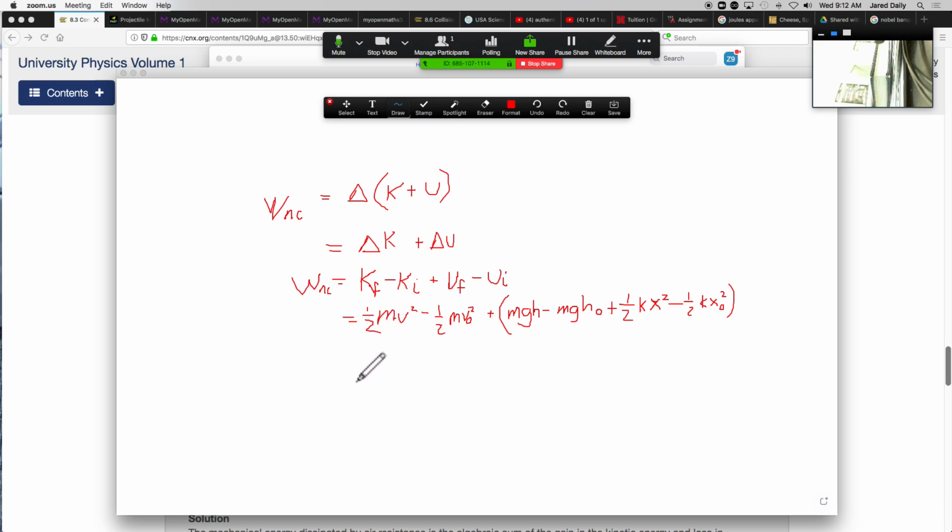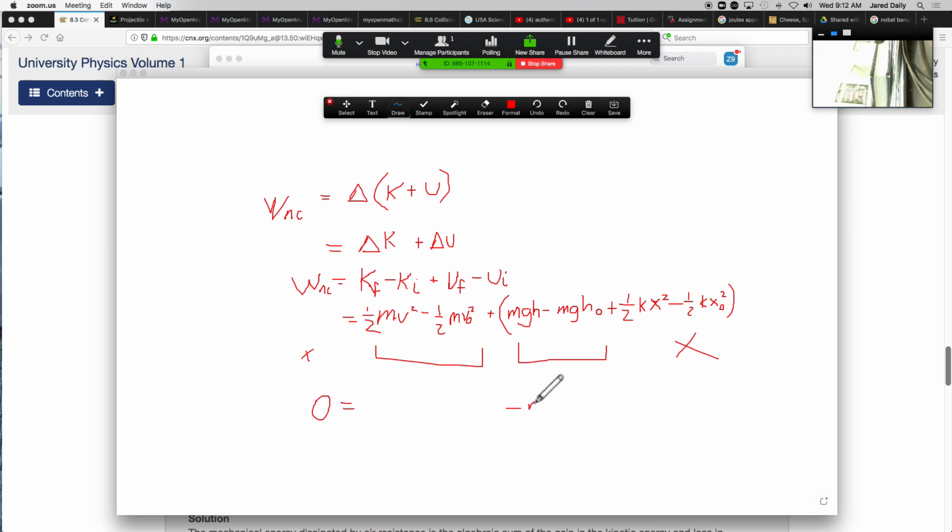And that's why in the first example we had some kinetic energies, we had some potential energies, but we didn't have any spring energies, and we also didn't have non-conservative work, so this non-conservative work over here was equal to 0. At the beginning of that problem, we had some initial potential energy, that's this one right here.